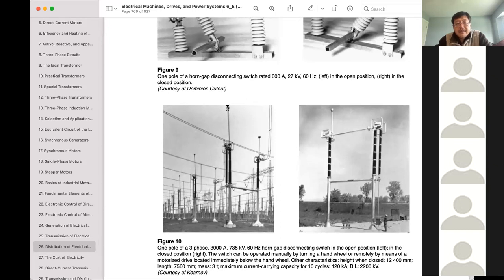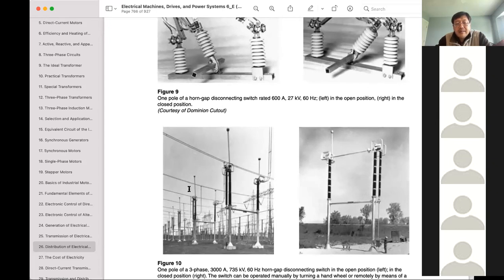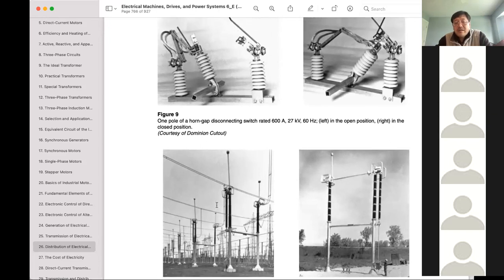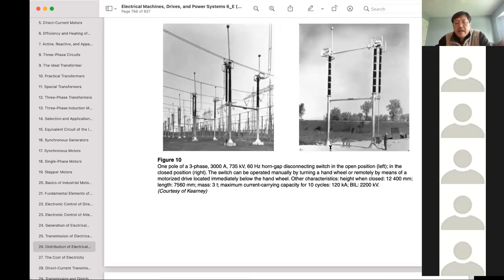This is motorized, goes up and down, open and close. They designed it as a big visual so the technicians can instantly see if the switch is open or closed. Close and open, close and open. That's a switch.